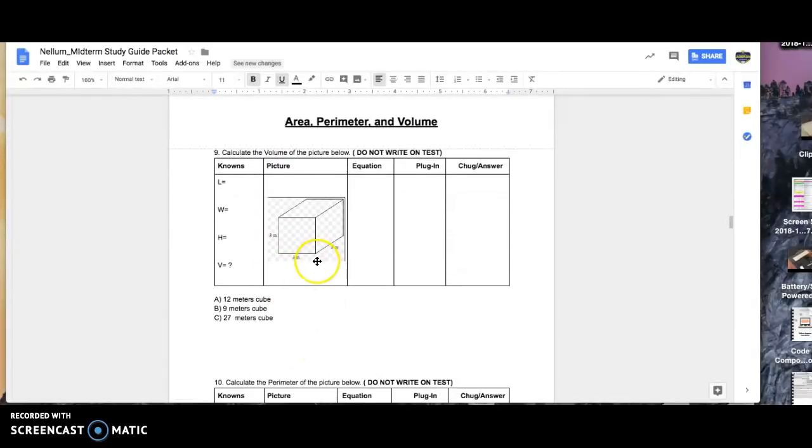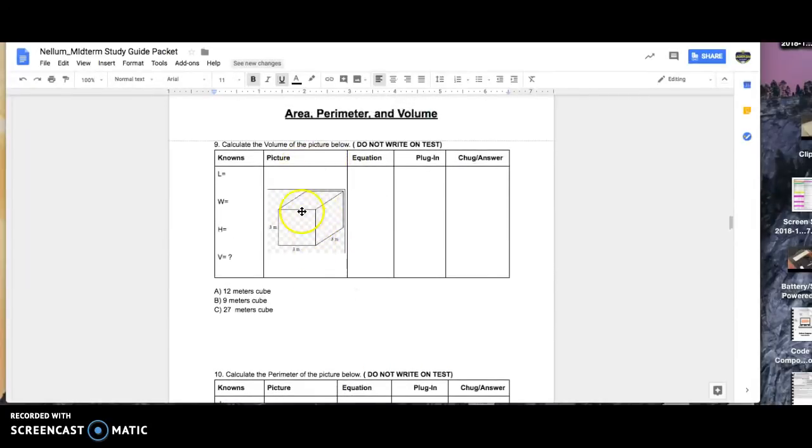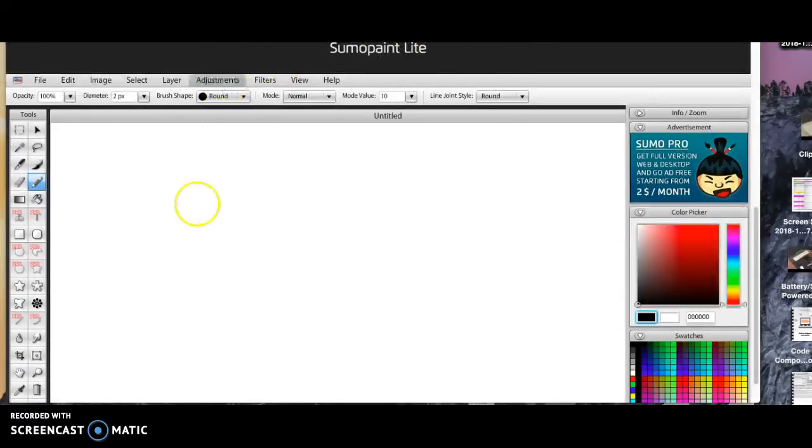Area, perimeter, volume: I'm going to give you the equations for this, so just make sure you remember them. Remember, this is the area of a rectangle. I didn't specify that earlier, but we're talking about the area, volume, and perimeter of a quadrilateral, a four-sided object. The area for a rectangle is length times width.